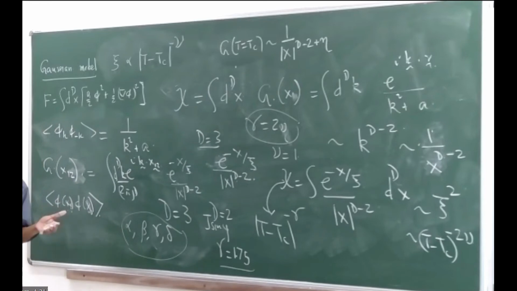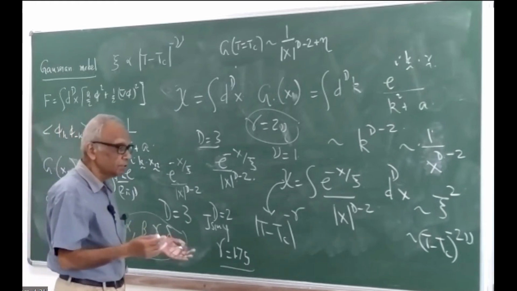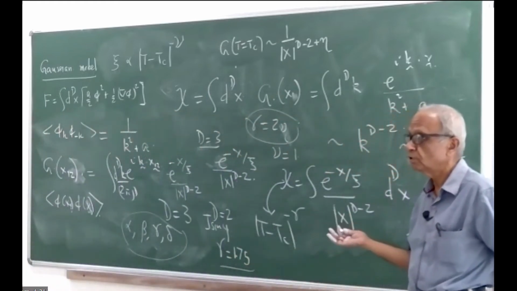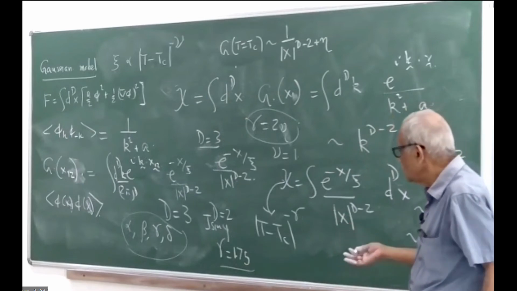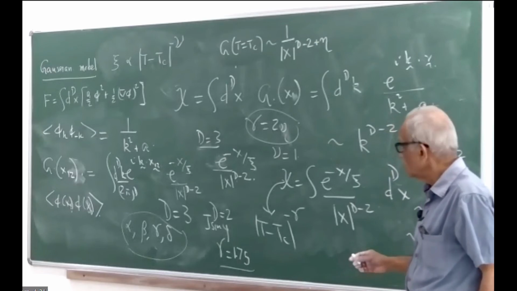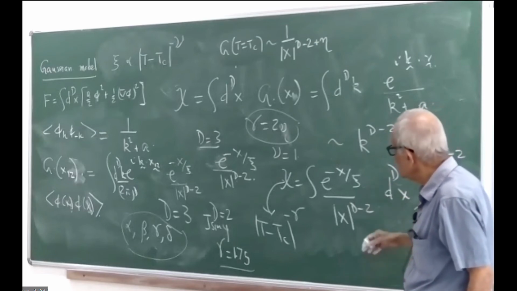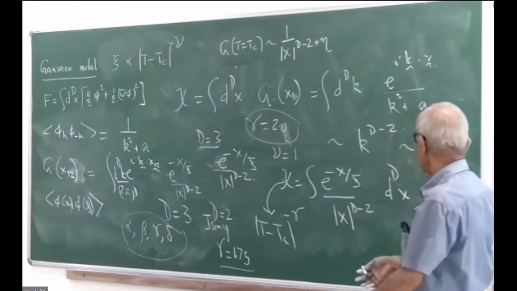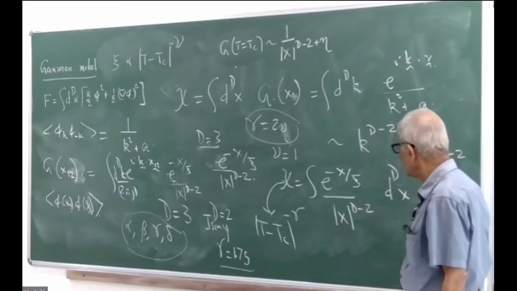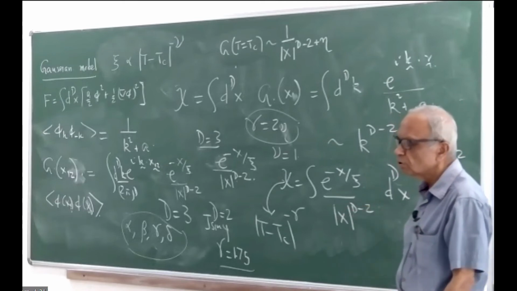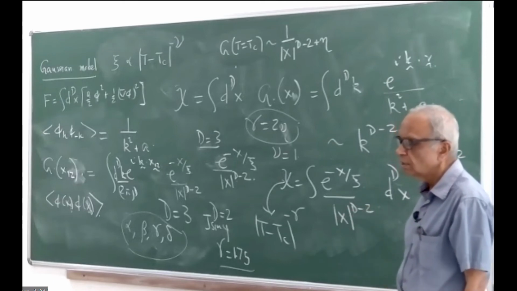Neutron scattering people and light scattering people were doing experiments in d equal to 3, and they never complained about the fact that this was not 1 over x to the power d minus 2.